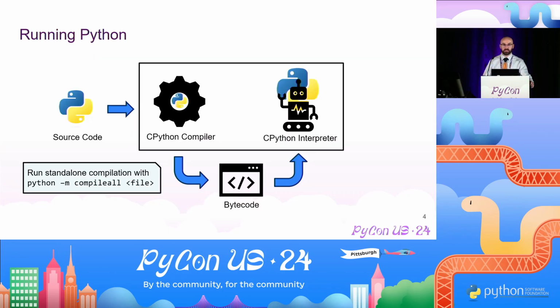First, it goes through an intermediate step with the CPython compiler, which will compile it to bytecode, which is then sent to the interpreter. I clarify CPython because when I just say Python, sometimes people get mad at me for not including Jython, PyPy, or any other implementations of Python. So I want to be very concrete that I'm looking at just CPython here today.